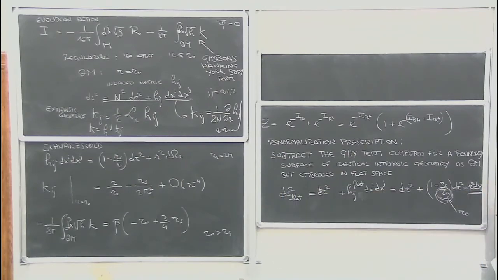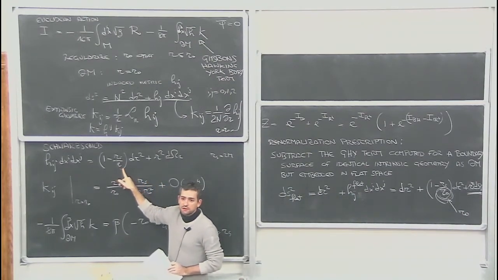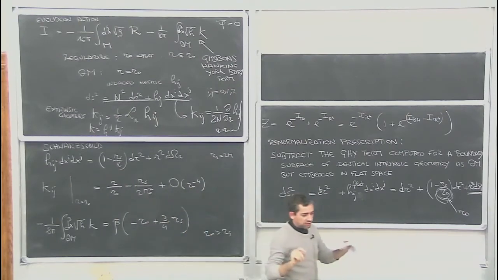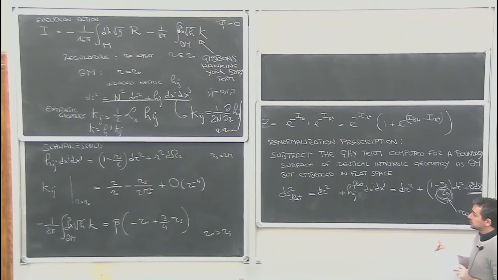And when I evaluate this at r0 and this at r0, then they coincide. So the metrics induced on the boundary at r equal r0 are the same. So they have identical intrinsic geometry on the boundary as ∂N, but embedded in flat space.